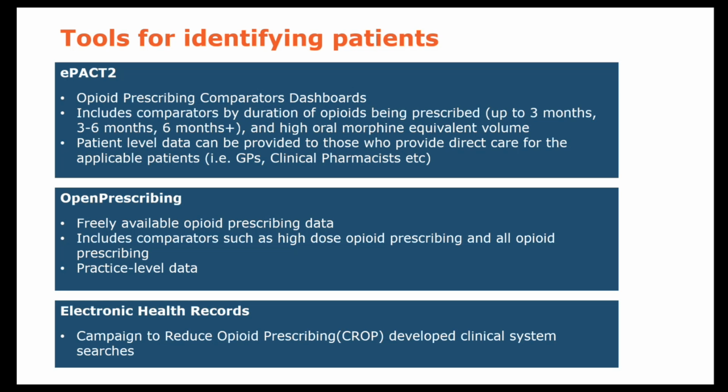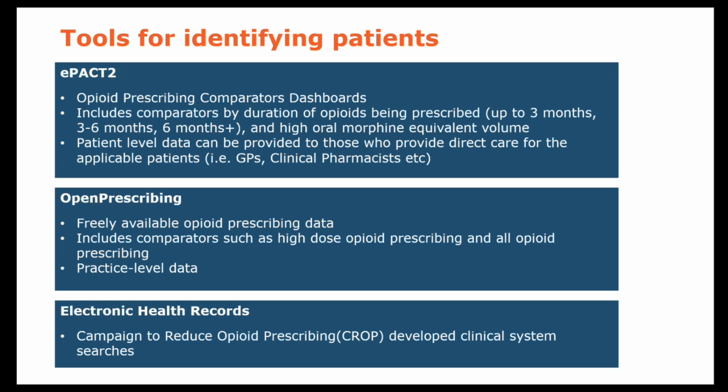It includes comparators by duration of opioids being prescribed, so you can look at that up to 3 months, 3 to 6 months, and 6 months plus, looking at those high and moderate risk groups, as we've mentioned. And you can look at it from high oral morphine equivalent volume. So again, looking at the volume in terms of the increased risk.